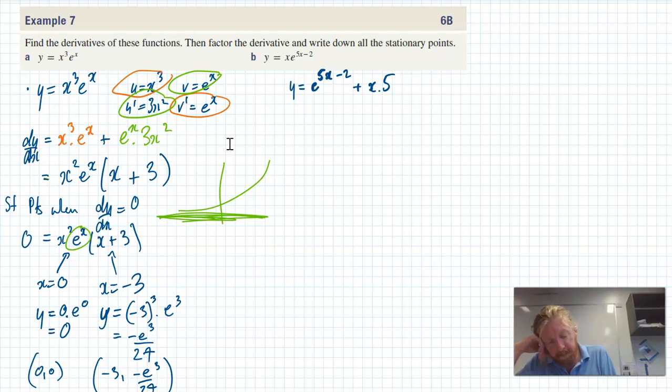The 5 will pop down the front, and the exponential guy will remain the same. That's dy dx.